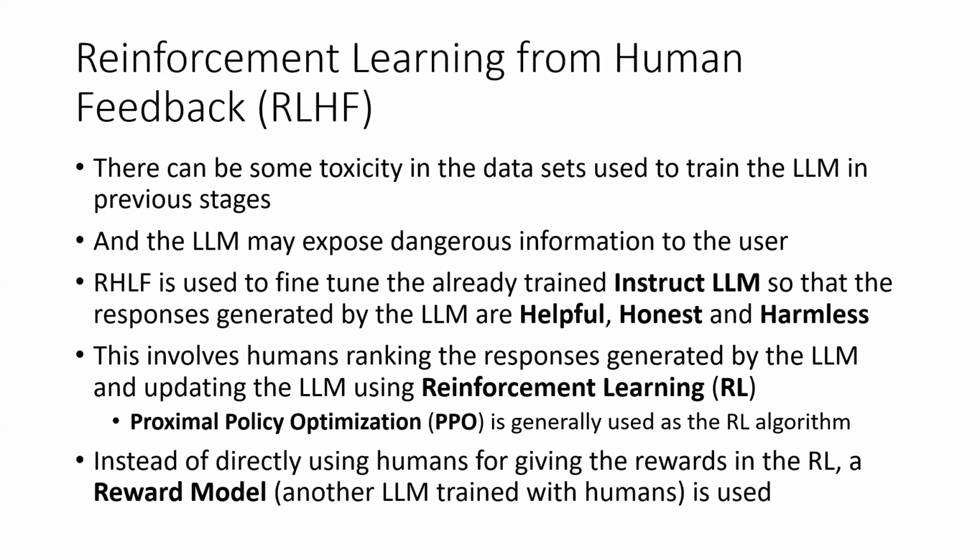Because if your learning is completely focused on having non-toxic content, it may create some content which is totally non-toxic, but may not contain the relevant information, which would not achieve our required goals of the LLM, right?